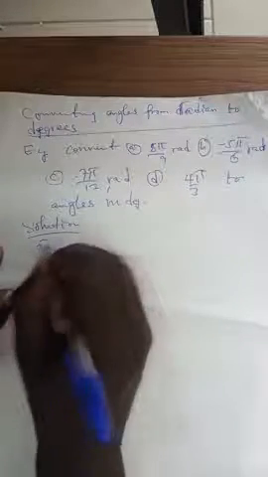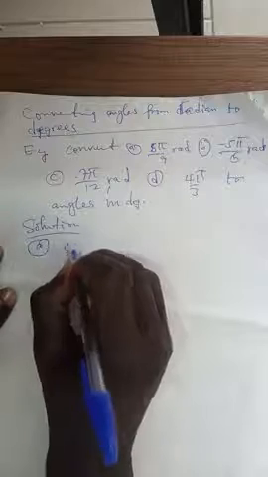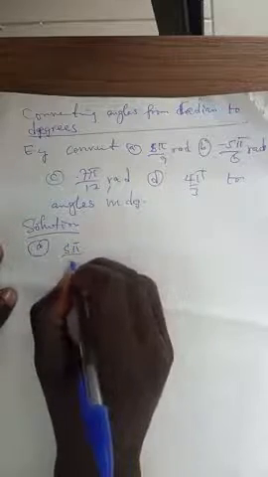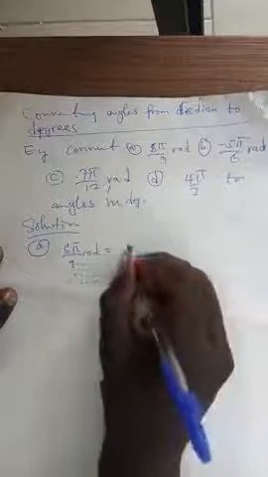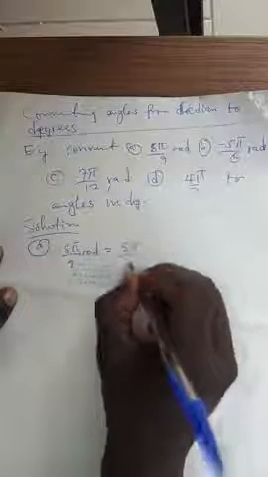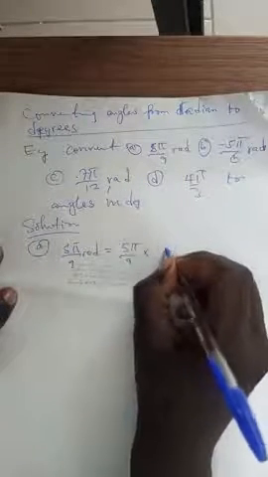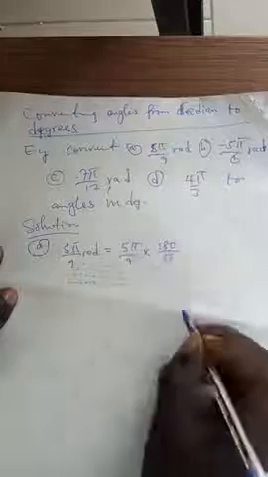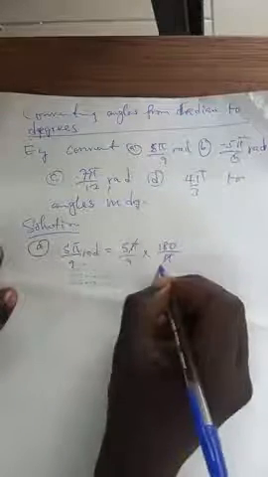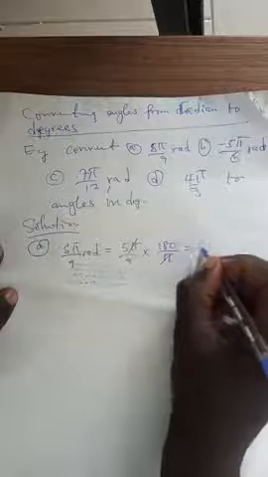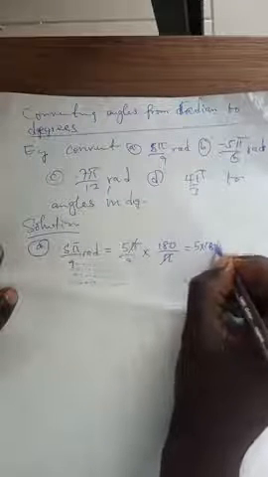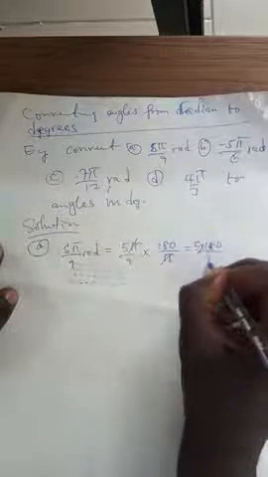Now, the A part is saying 5 pi over 9 in radian. So this is going to be 5 pi over 9 times 180 over pi. So simply pi will cancel pi. You just have 5. This is equals to 5 times 180 all over 9.